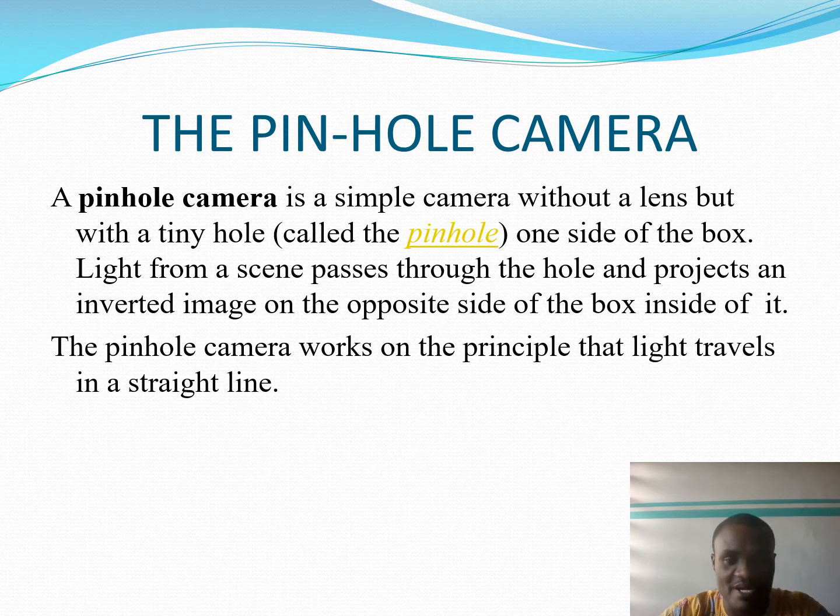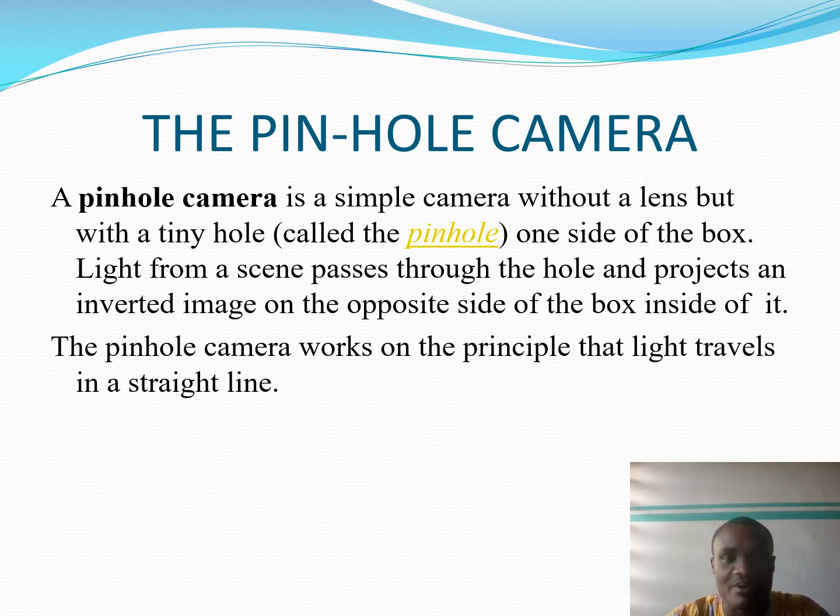The rectilinear propagation of light, how the pinhole camera works with light rays of an object getting into the pinhole and forming an image inside that box. We shall also talk about shadows, how shadows are formed, and then how eclipses are formed. All these attest to the fact that light travels in a straight line. Now let's look at the pinhole camera.